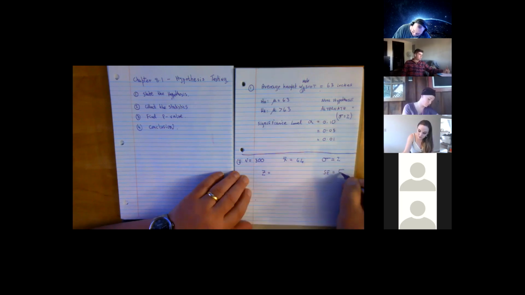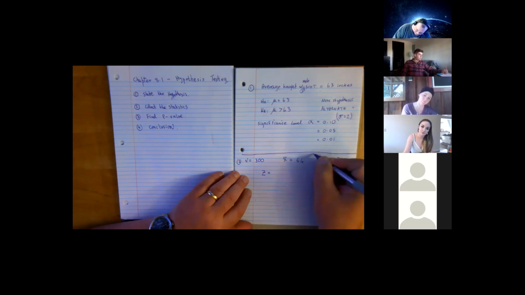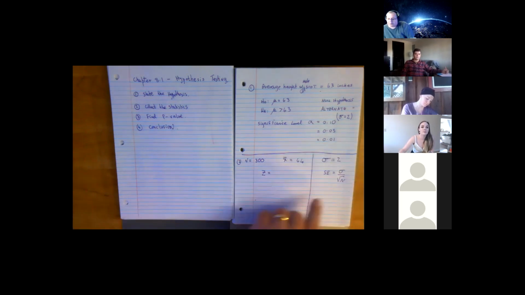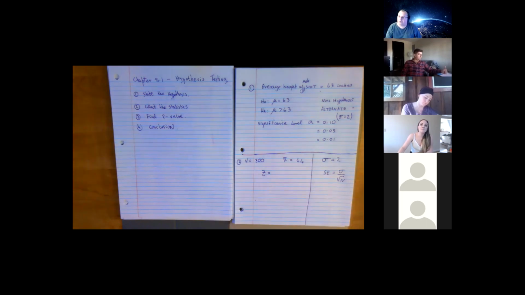And the standard error is given by that formula. Can you remember the standard error formula from way back when we did confidence intervals? It's called the sampling distributions. Standard error is another name for it.